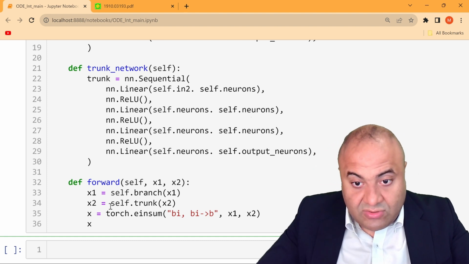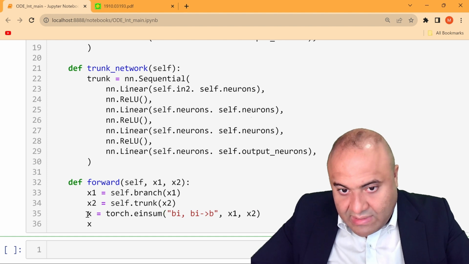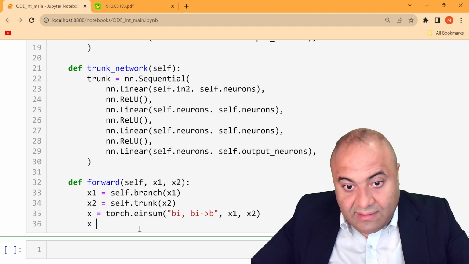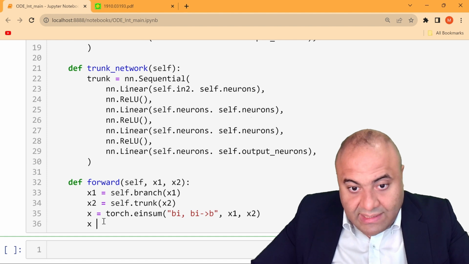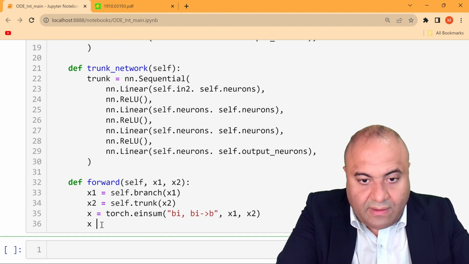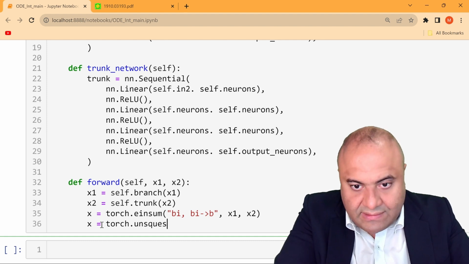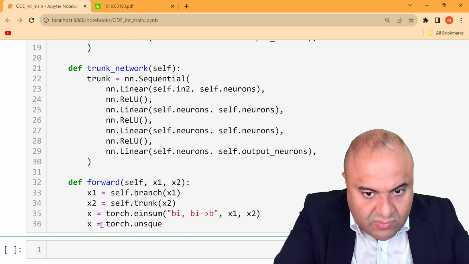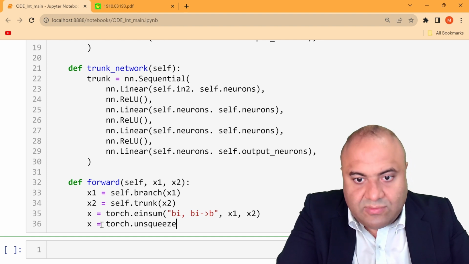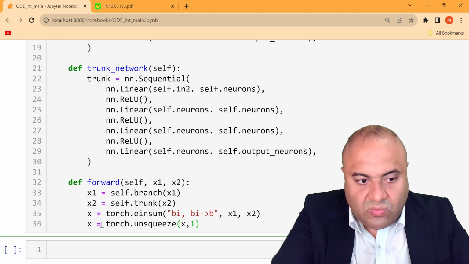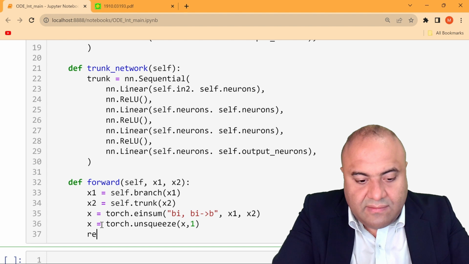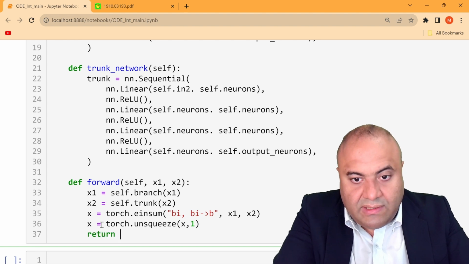And here x equals torch dot unsqueeze. We take x and unsqueeze it to 1, and then return x.